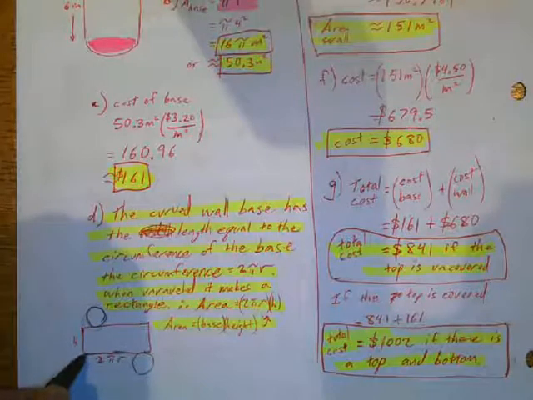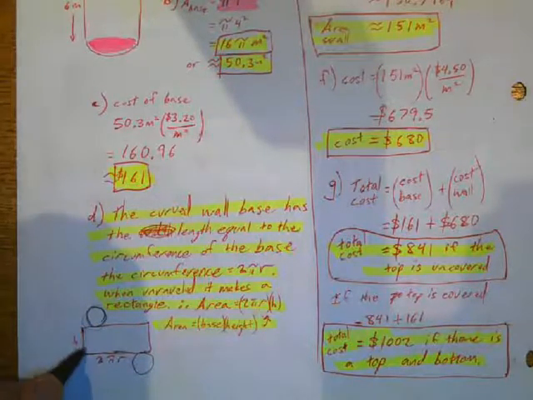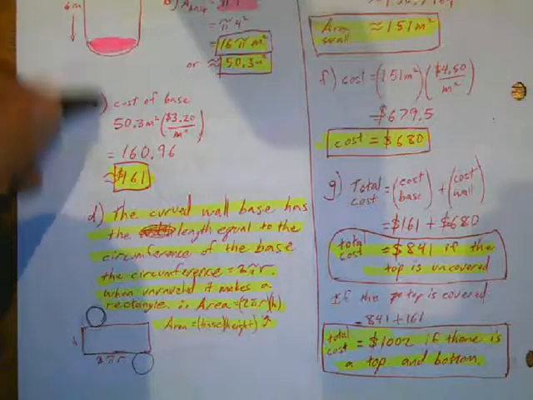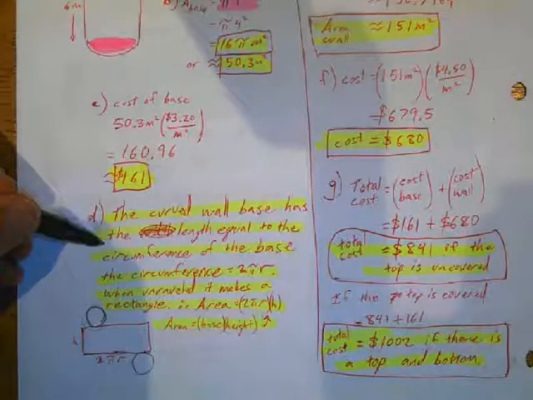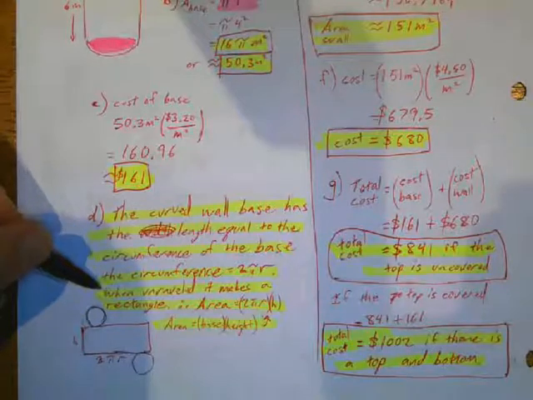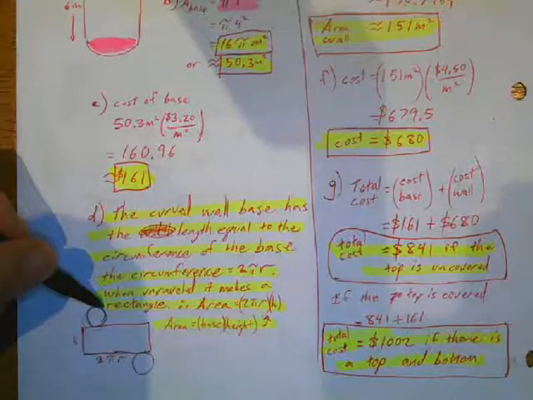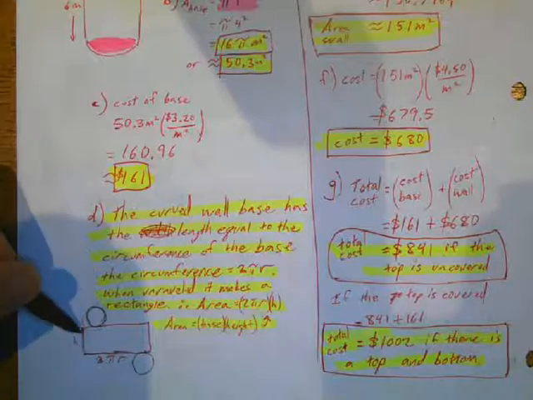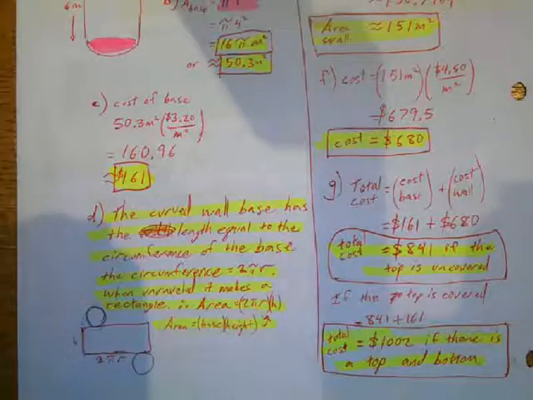And then the height is the height of the cylinder. So the curved wall has a length equal to the circumference of the base, 2 pi r, and when it's unraveled, it makes a rectangle with a height of h. You may want to hit pause to look at this some more.